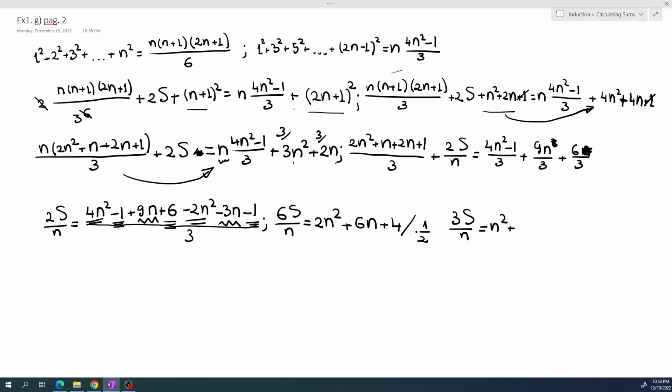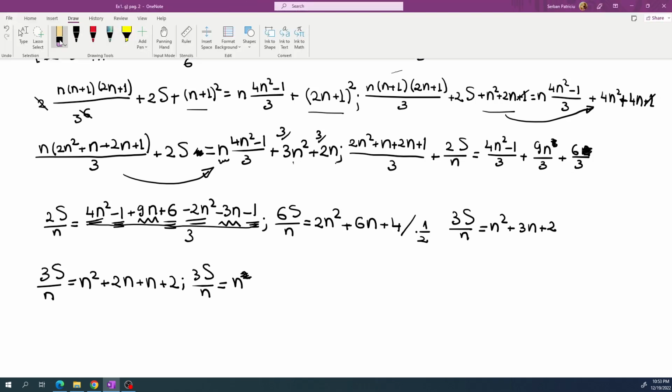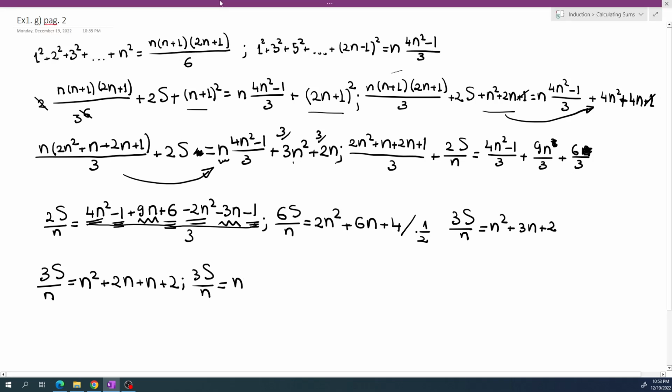n squared plus 3n plus 2, and I have 3s over n is equal to n squared plus 2n plus n plus 2, 3s over n is equal to n squared, and without, one second, do this like this, okay.